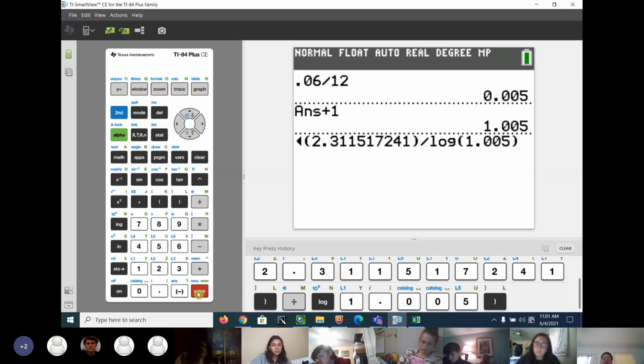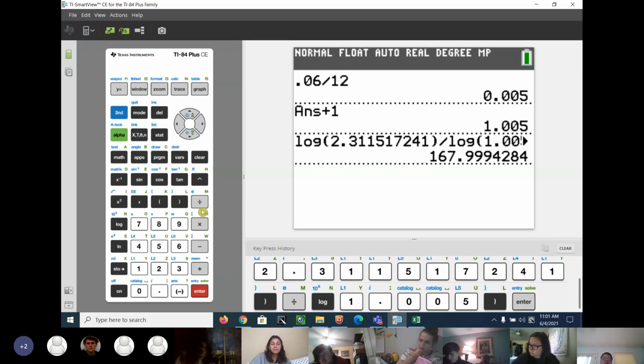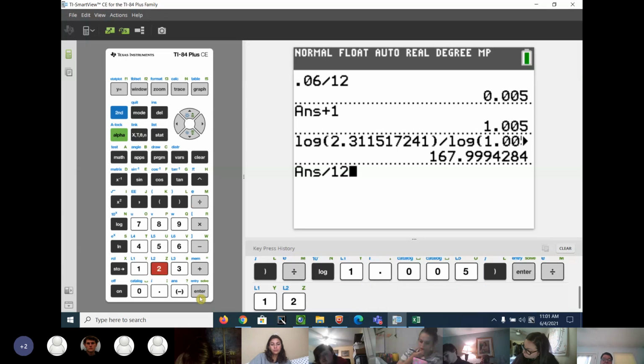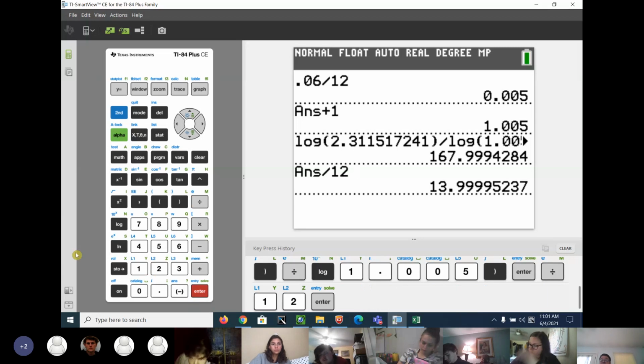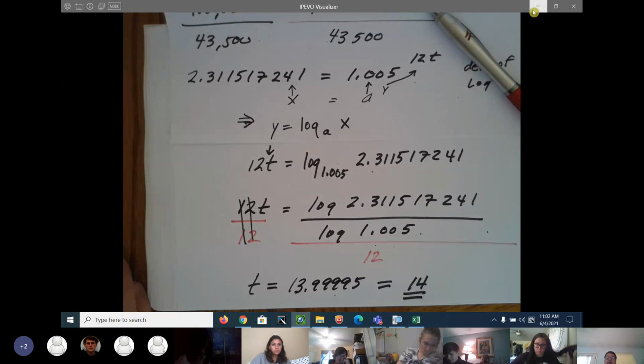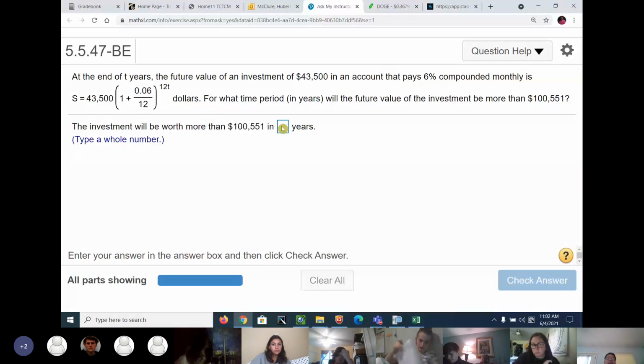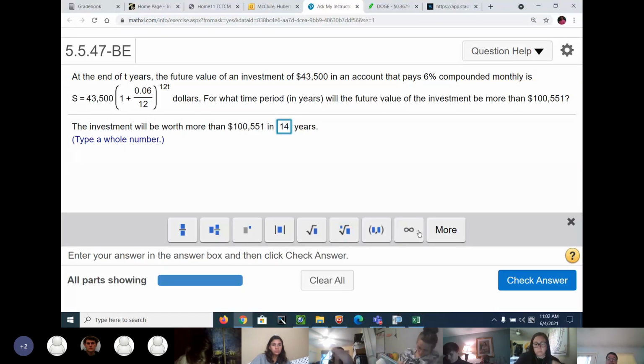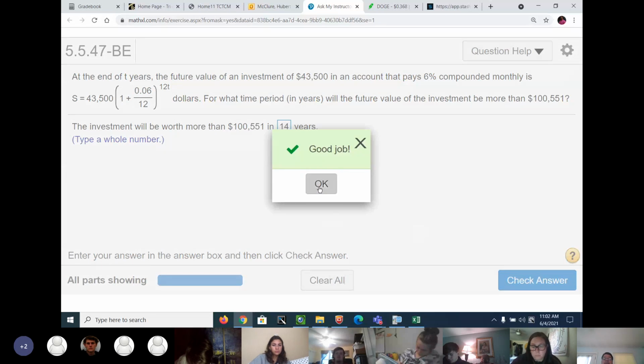And that is that number. And divide that by 12. I got 13.99995, which is equal to 14. Or 14 years. I think they're asking about years, aren't they? Yeah. So 14 years. Good job.